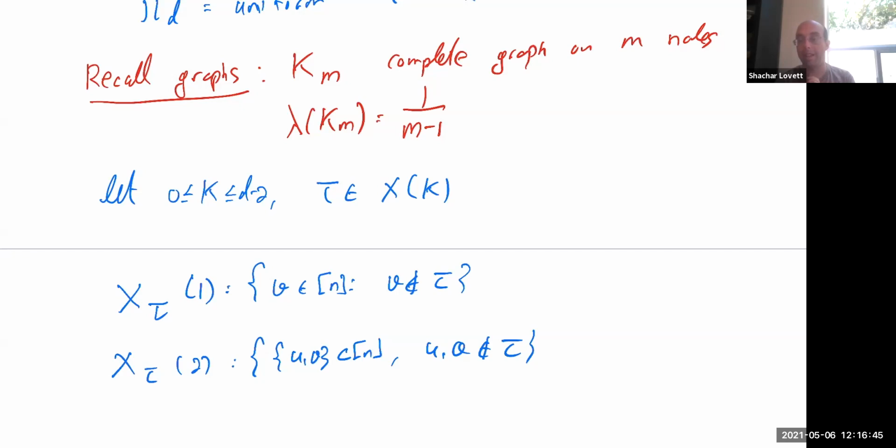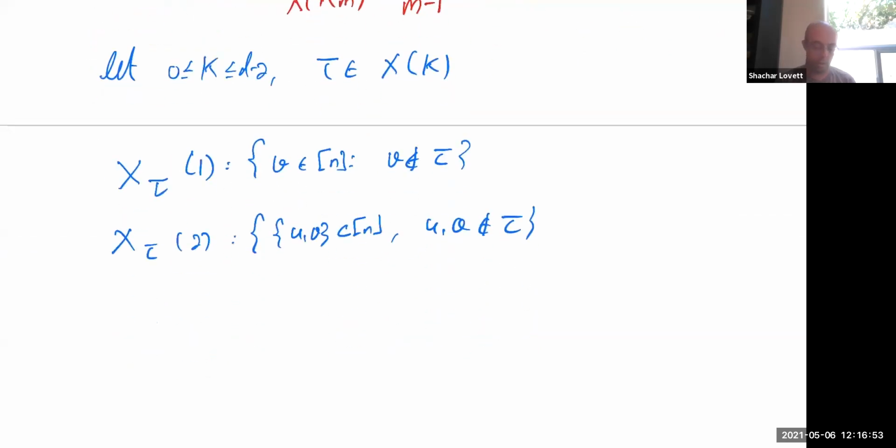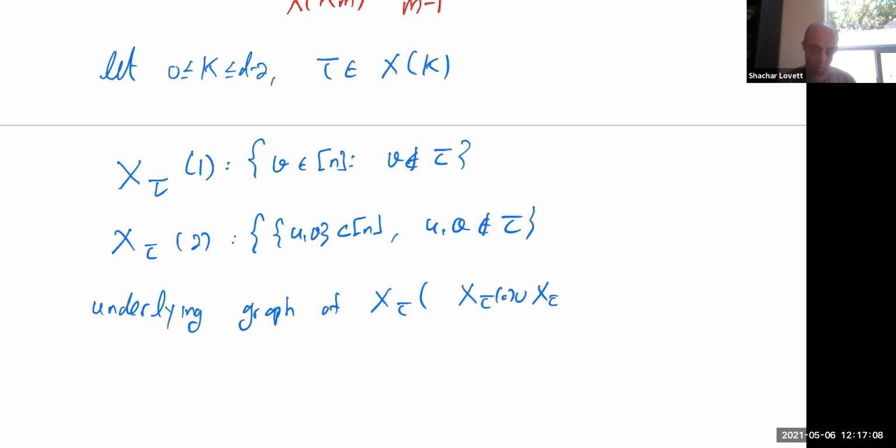So if you look at the underlying graph of X tau, it's just going to be the complete graph on all the elements not in tau, right? And by the way, underlying graph is just a different way of saying we look at this two-dimensional complex and ignore all the other dimensional faces.